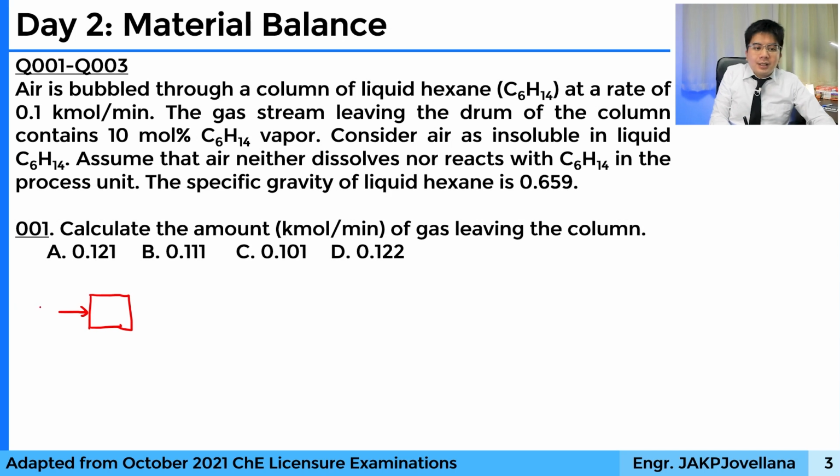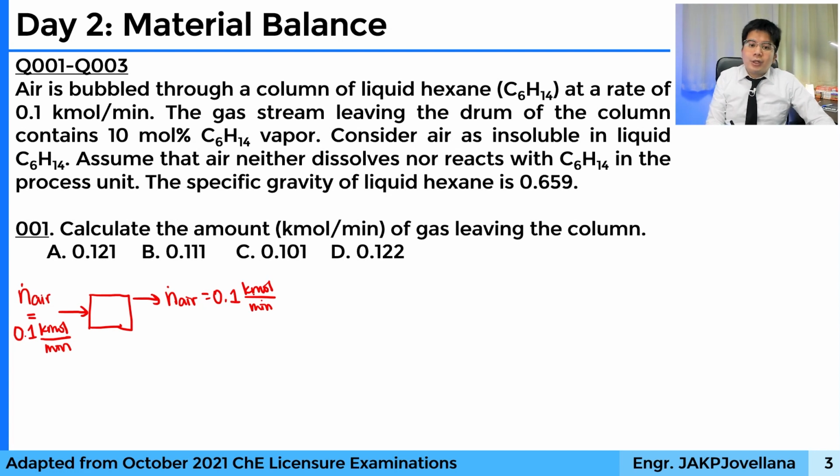Let's denote that as N.air equal to 0.1 kilomoles per minute. The exiting stream is composed of N.air, still equal to 0.1 kilomoles per minute because we assume that air is insoluble and doesn't react with hexane.